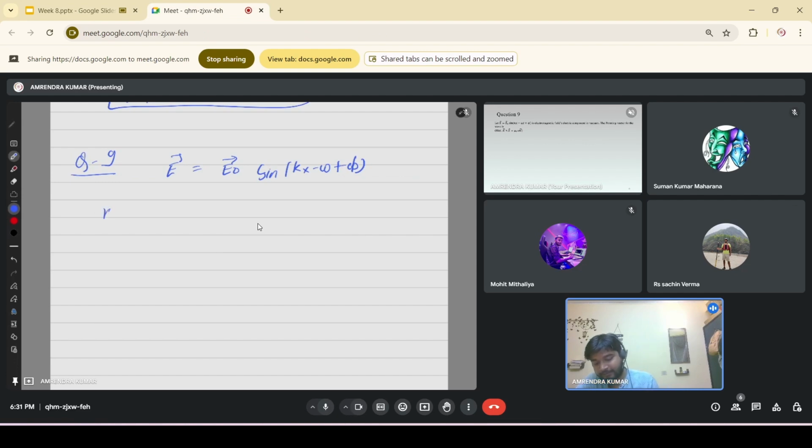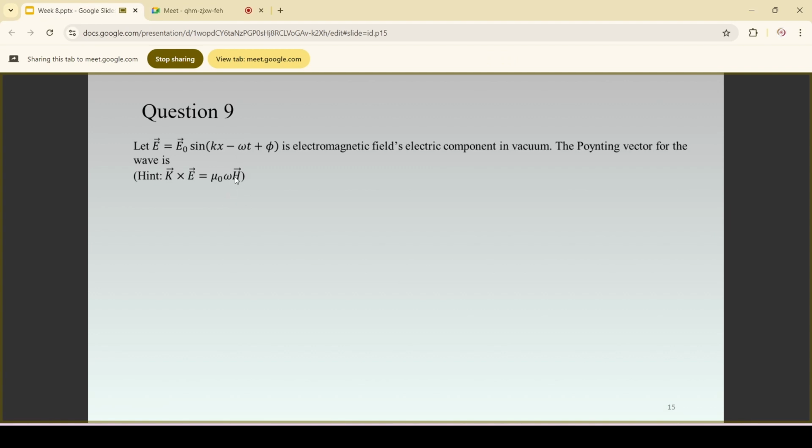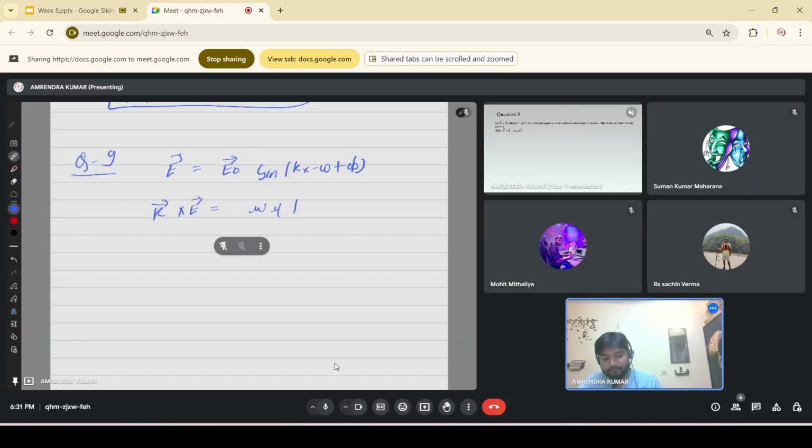So we have seen that this k cross E vector is nothing but omega into mu into H. But in vacuum, mu is equal to mu 0.